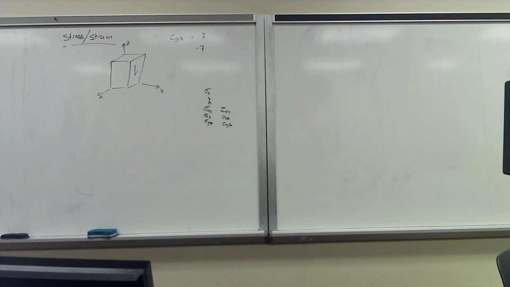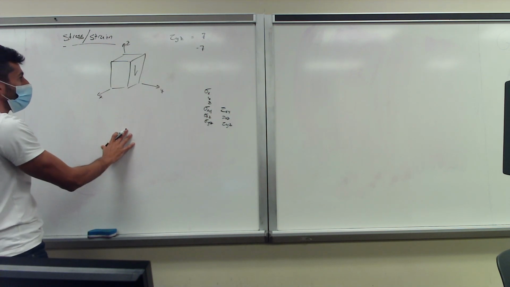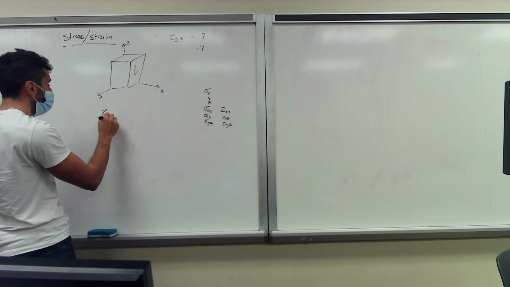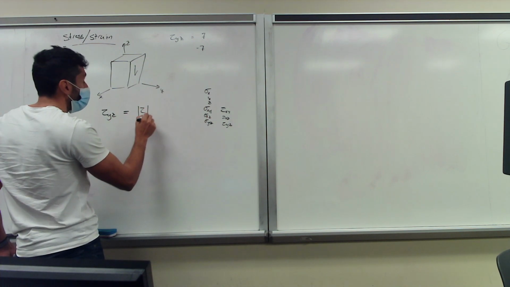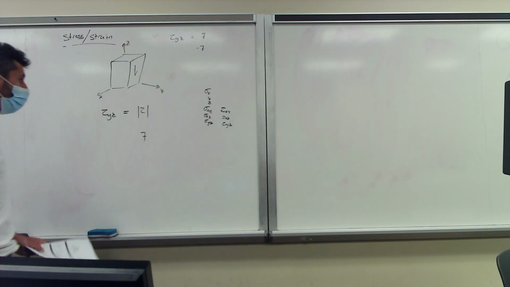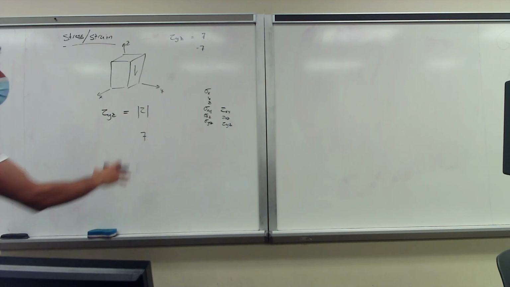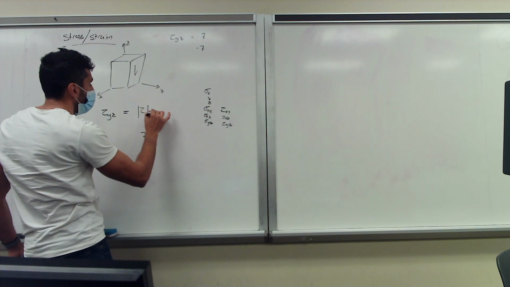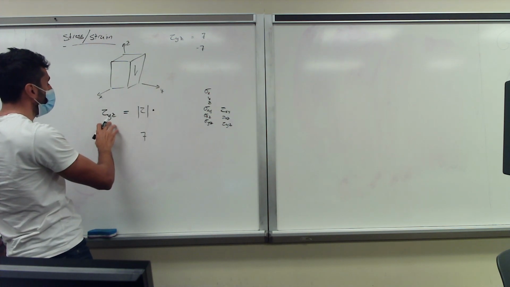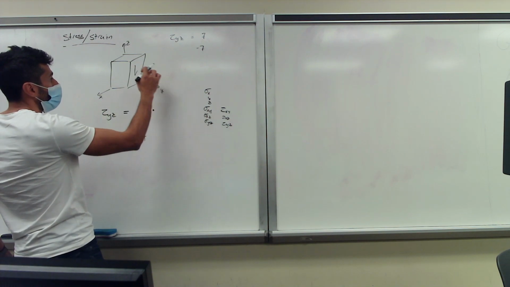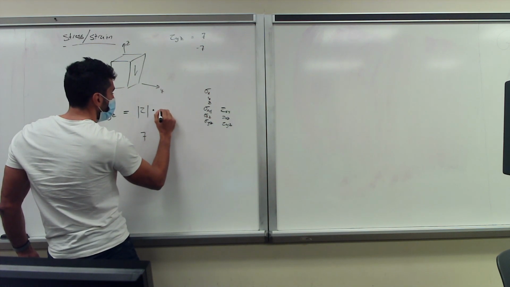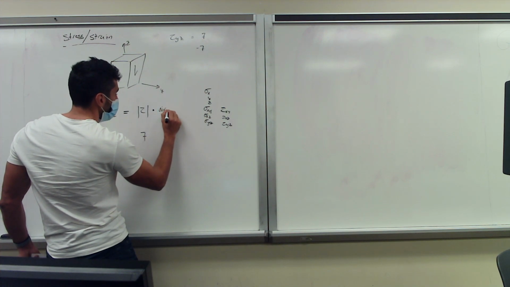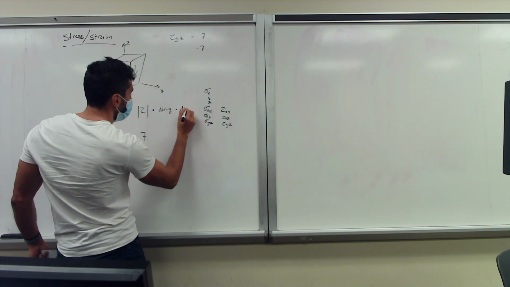And how you can know whether it's positive or negative, we can basically use the same principle. What we can do is we take tau yz, and first of all we take the magnitude of tau, that in this case is 7. Then we multiply it by the two normal directions. So tau yz in this case is pointing normal to the surface of y, so we multiply by direction y, and then we multiply by direction z.